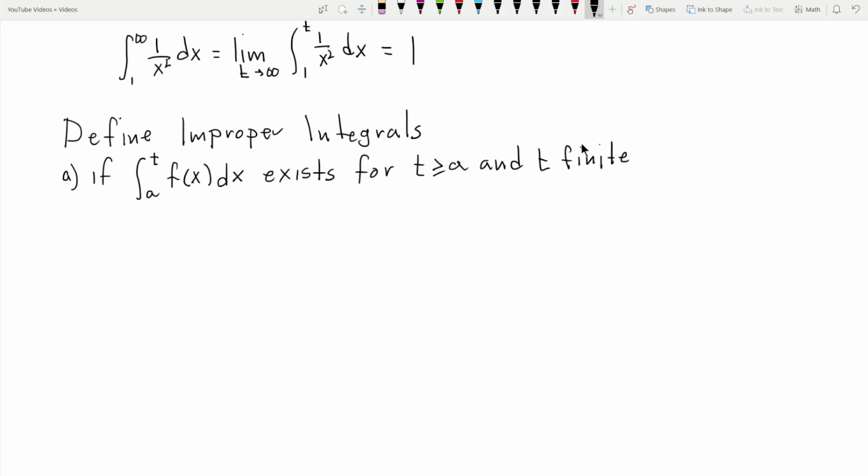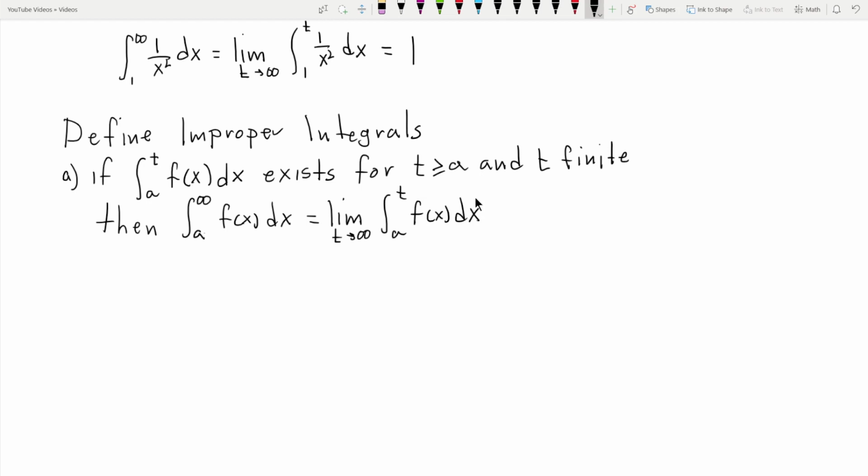right? So I can stop anywhere along the x-axis, take the antiderivative, and it exists, then the antiderivative from a to infinity of f of x dx is equal to the limit as t goes to infinity of the antiderivative from a to t of f of x dx.